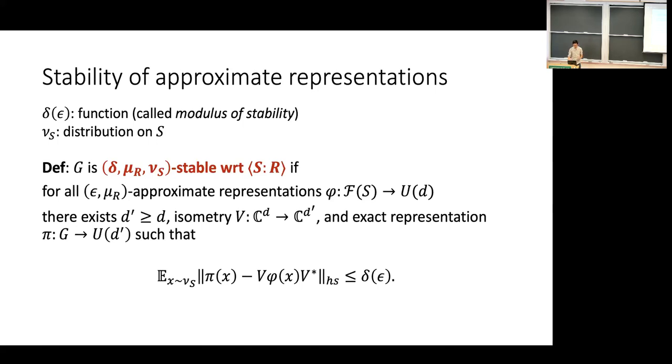Okay, so you can ask for what groups G, when is it stable? Maybe sometimes they're stable, maybe they're not. Okay, and just to keep things simple, generally I won't talk about this distribution unless I need to. So just think in the back of your head that these distributions are just a uniform distribution over the relations and the generators.